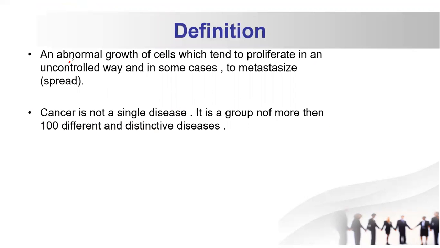So here I will mention the definition of lung cancer. Simply put, it is an abnormal growth of cells which tend to proliferate in an uncontrolled way, and in some cases metastasis may occur, meaning the cancer within the lungs can spread to other areas of the body as well. Cancer is not a single disease.